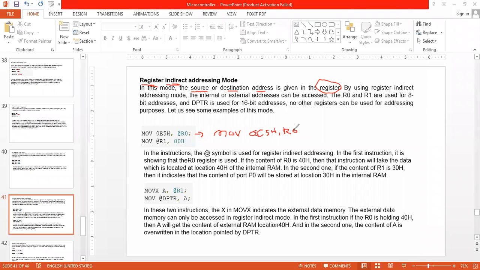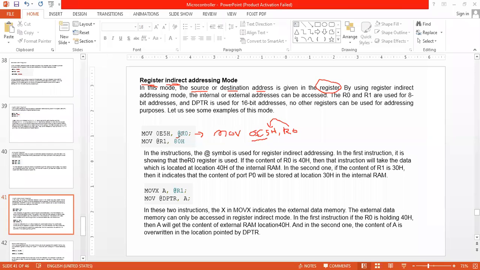This was the direct addressing mode. What is happening here? The data of the R0 register is going to be stored into address E5H.